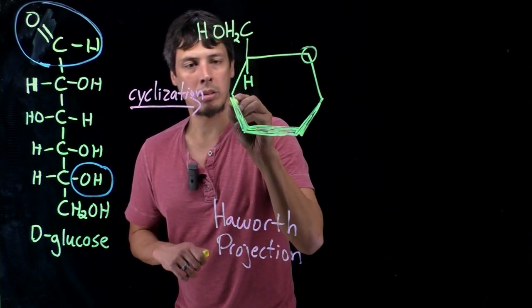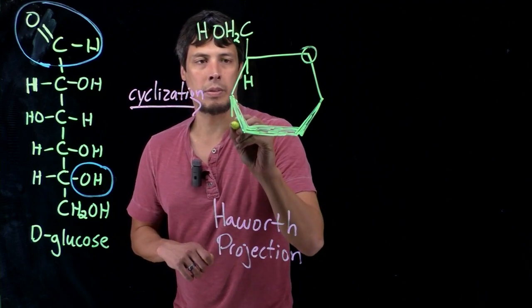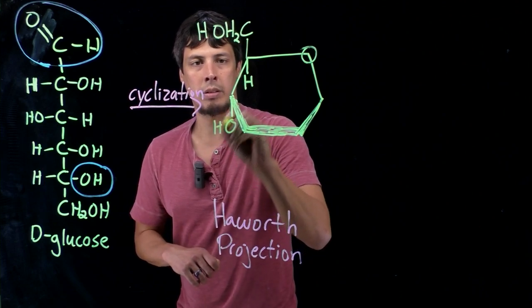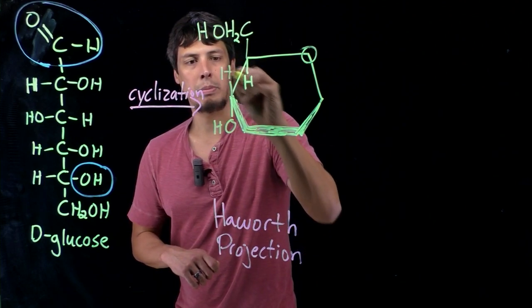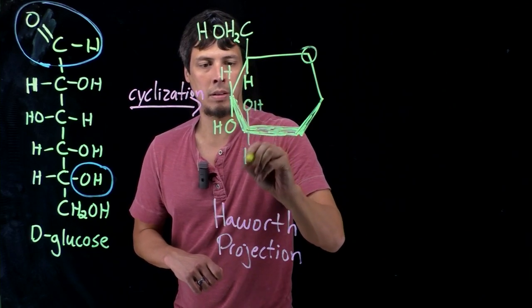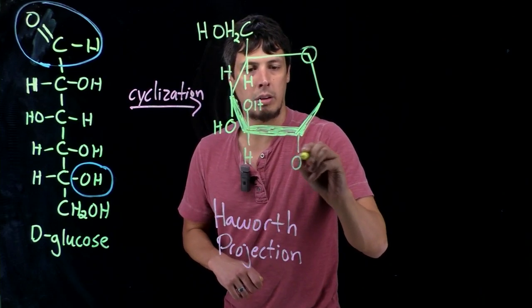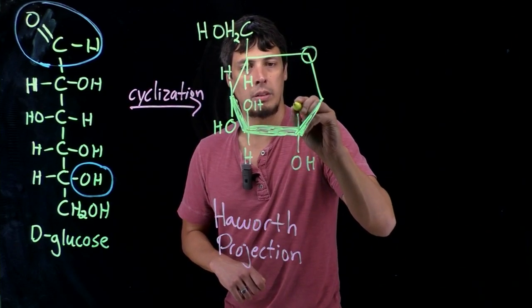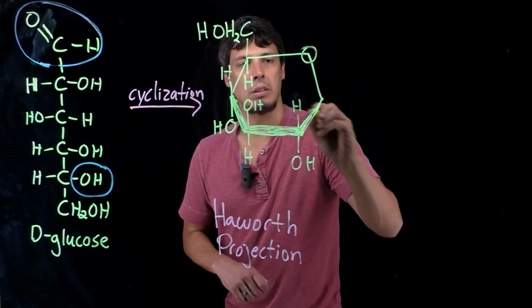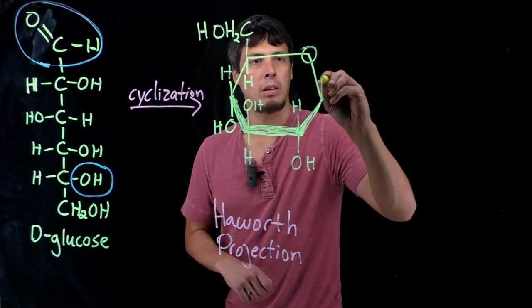So for glucose, we're going to have an OH here, hydrogen up, OH here. And what's nice about the one I'm going to draw first is you just alternate the sides of the OH group. Okay.